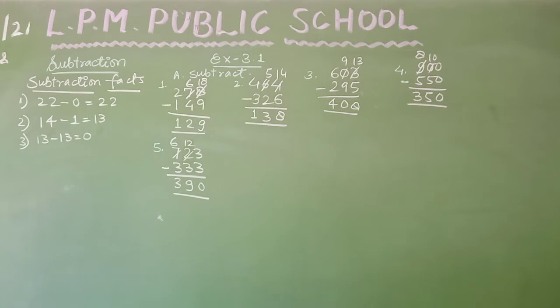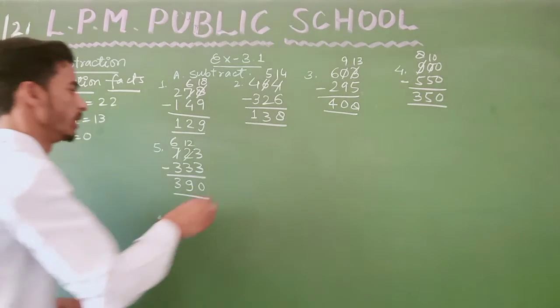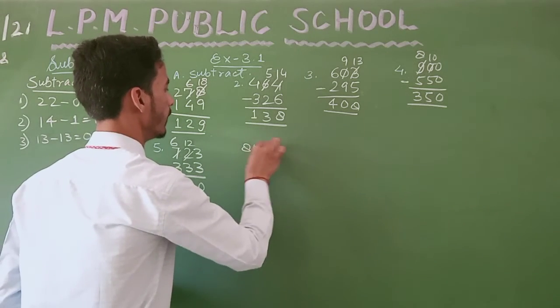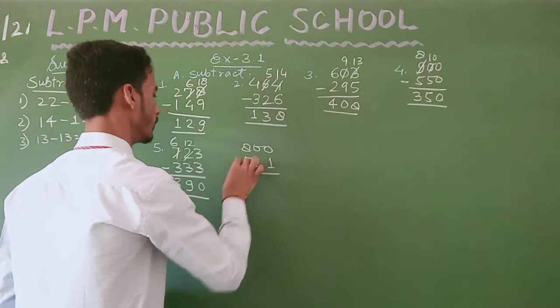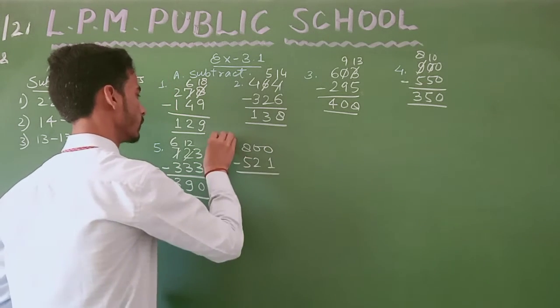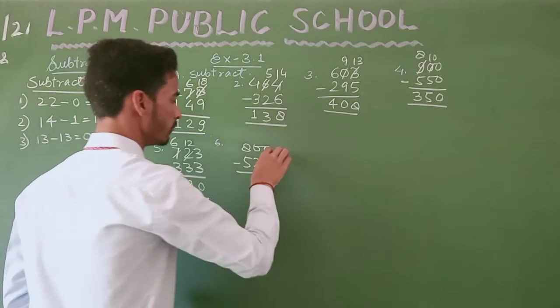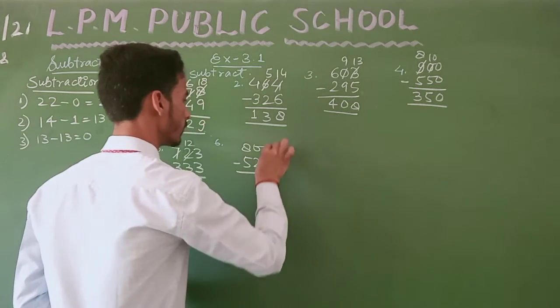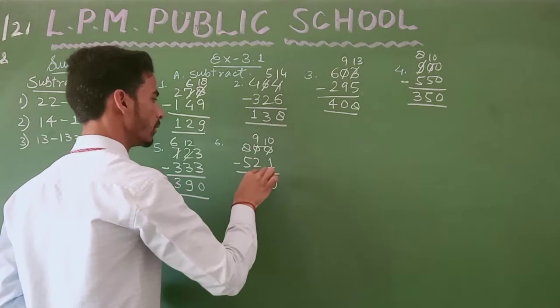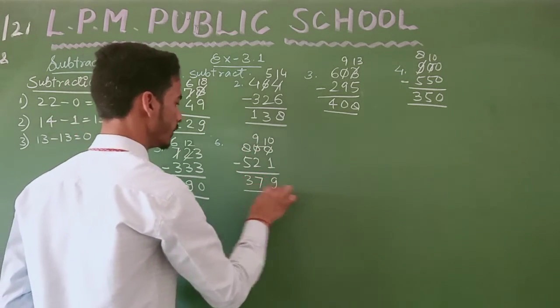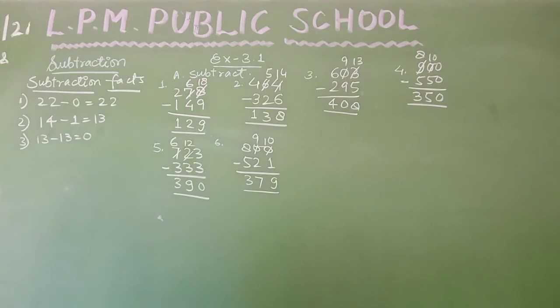Okay, and the next one is 723 minus 333, and the next question is 800 minus 521. That is question number 6. 10 minus 1, 9, and 9 minus 2, 7, and 8 minus 5, 3. So 378.